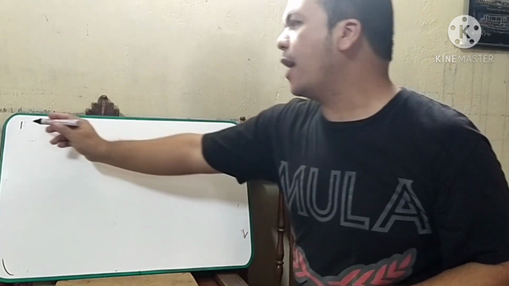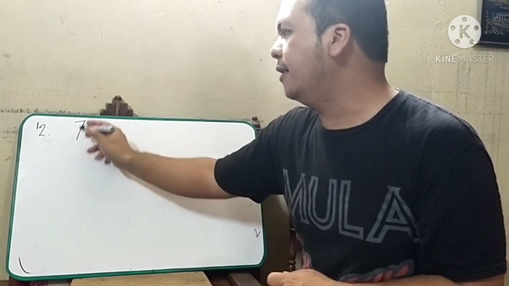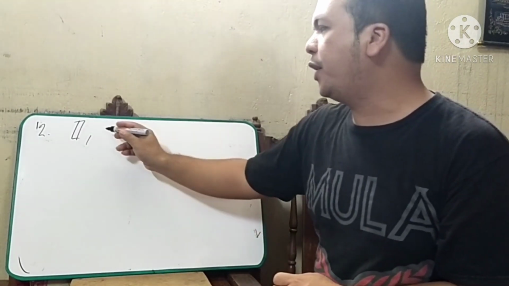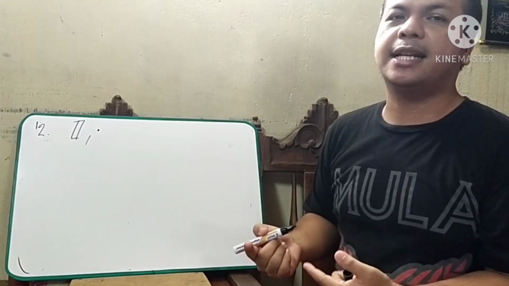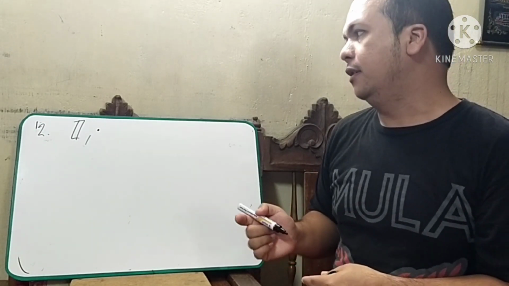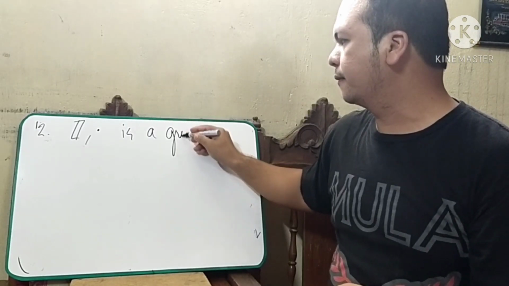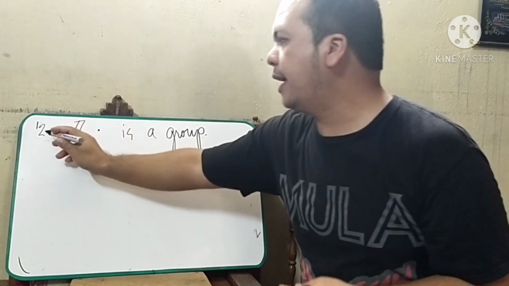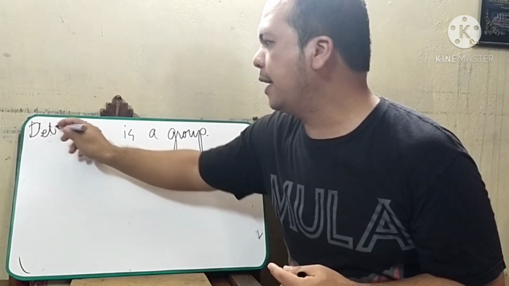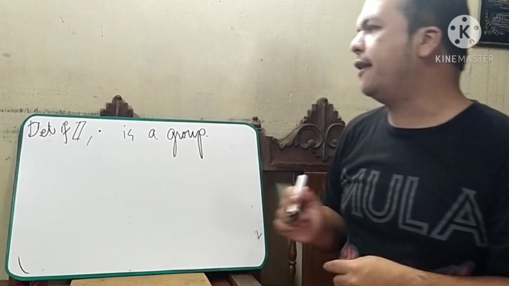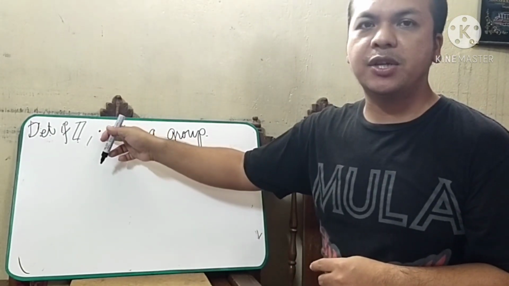So for our second example, determine whether this set here, the set of integers together with multiplication, the usual multiplication, 2 times 3 is equal to 6, 5 times 1 is equal to 5, is a group. So, let's determine if this set here together with the operation multiplication is a group.